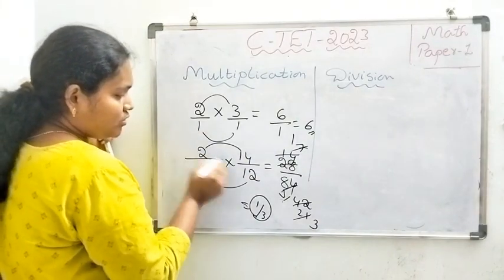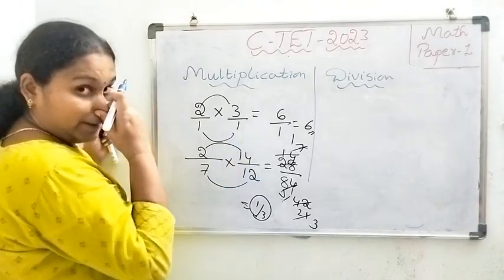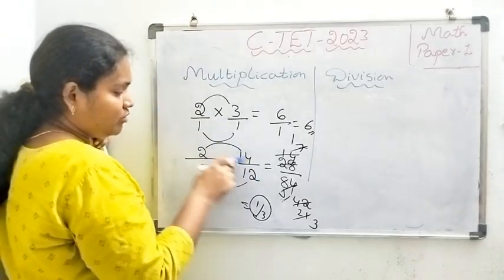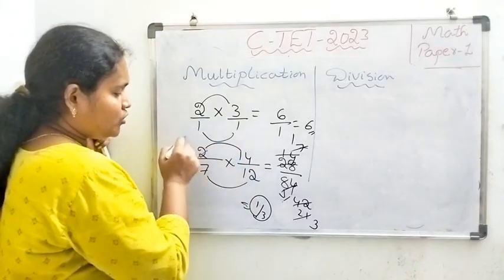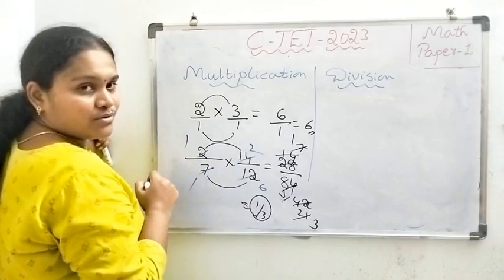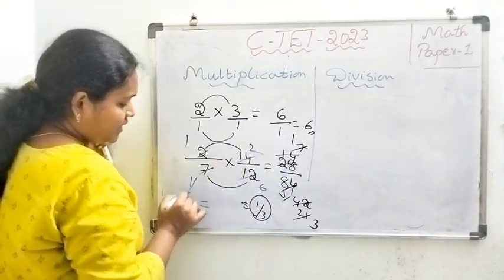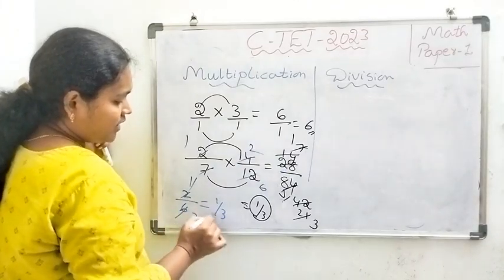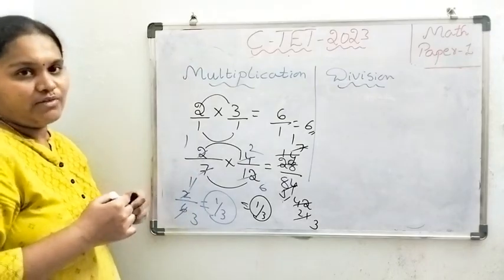Any two we can take, but one number in the numerator and one number in the denominator we should cancel with the same number. So 2 1s, 2 6; 7 1s, 7 2s. Again here we got 2 by 6, and 2 1s, 2 3s. So we got the answer as 1 by 3. This is about multiplication of fractions.